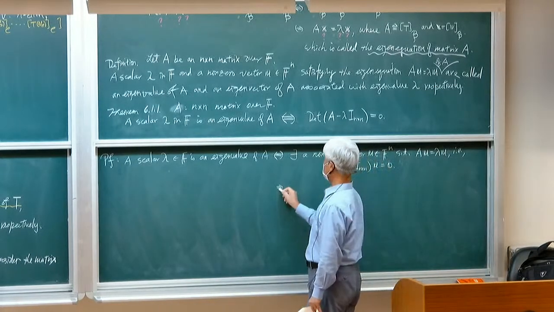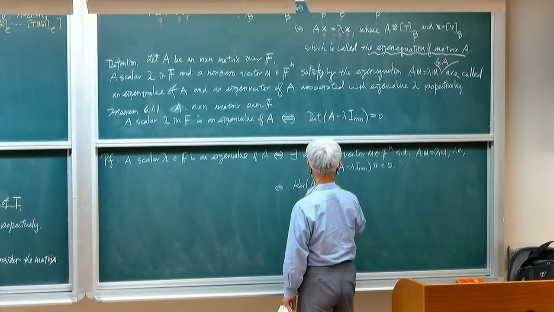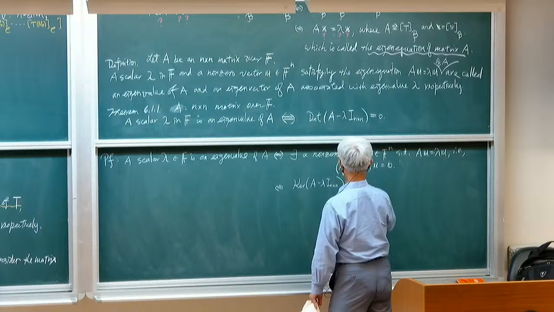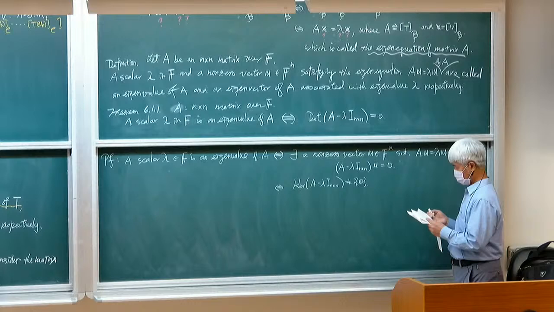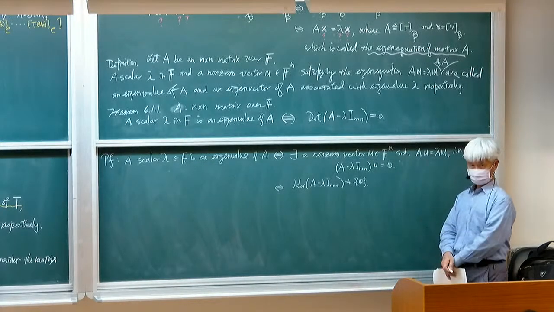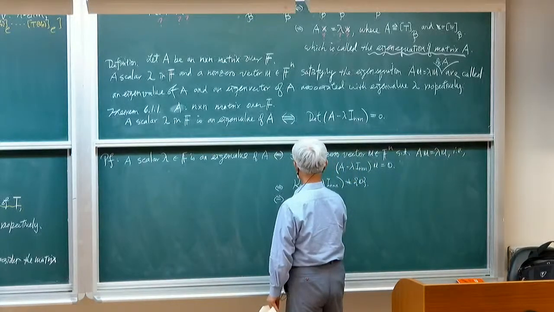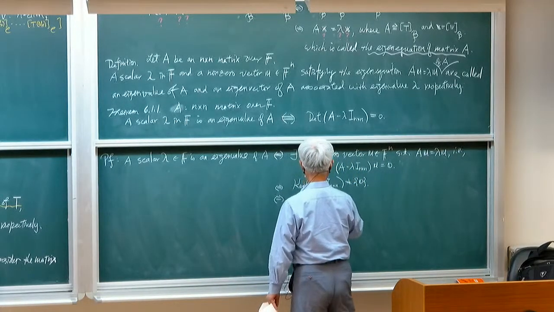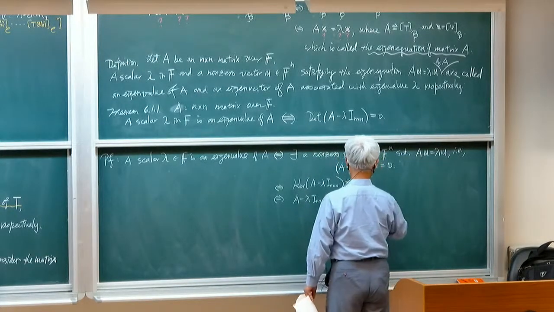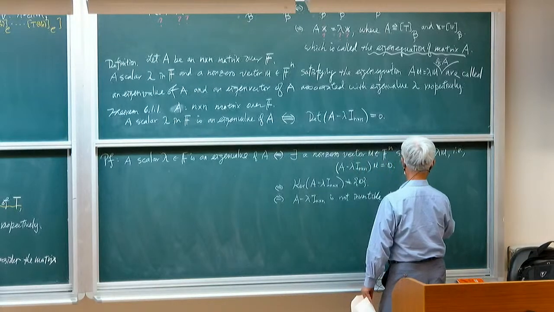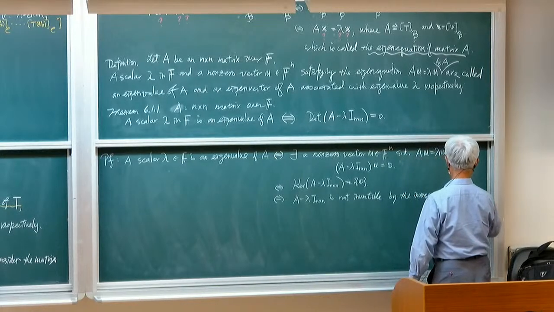But that says that the kernel of the matrix is not trivial. If this is not trivial, then the matrix is not invertible by the invertible matrix theorem in chapter 3.